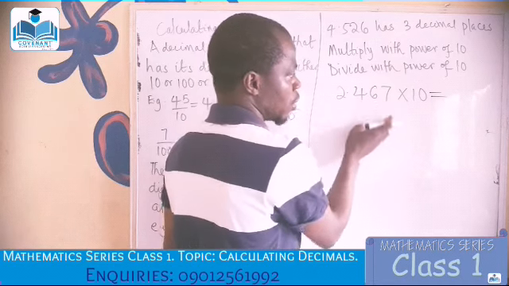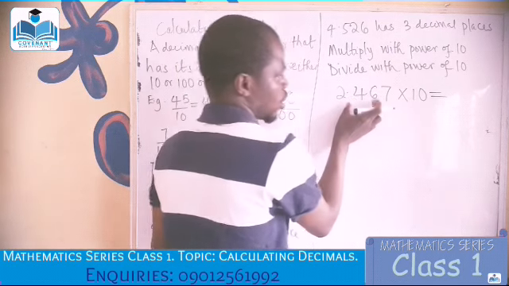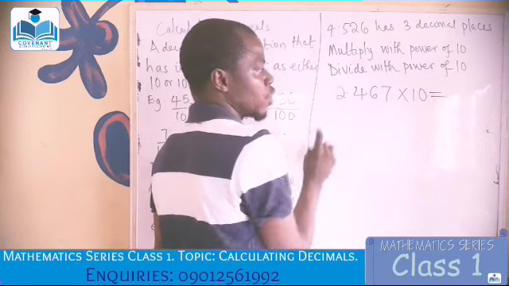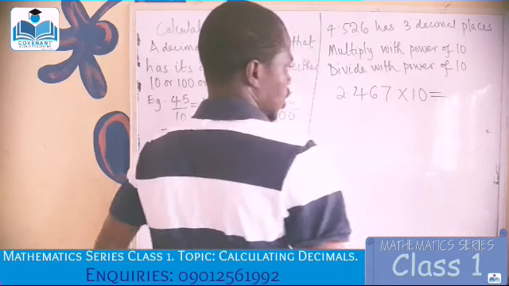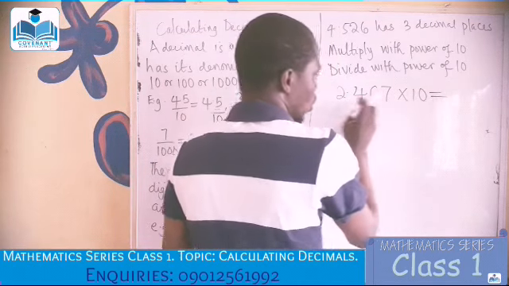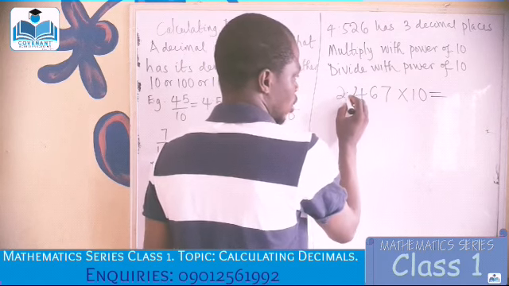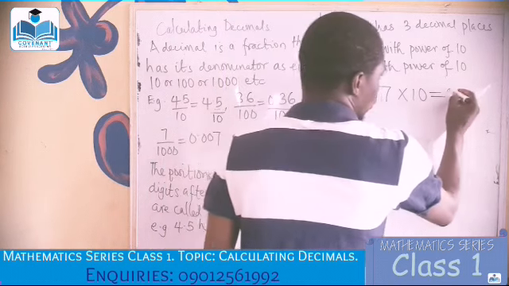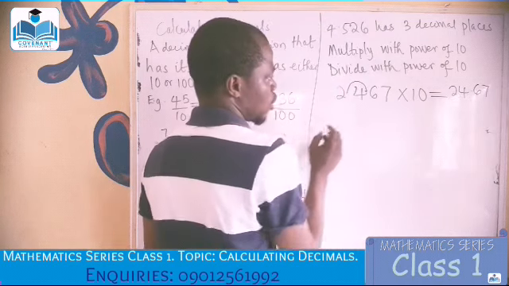Even based on the requirement for the exam, when you multiply a decimal by a power of 10, you just move the decimal point. As you are standing, this is your right hand side and this is your left hand side. When you multiply a decimal number by 10, you move the decimal point to the right. You move it just 1 place, because you have 1 zero here. That gives us 24.67.